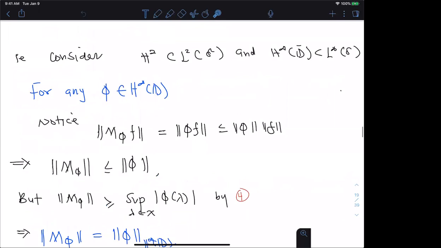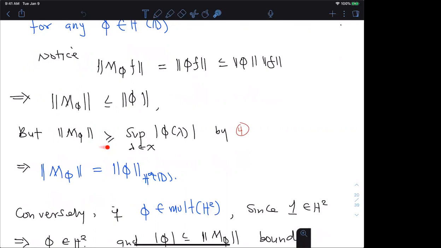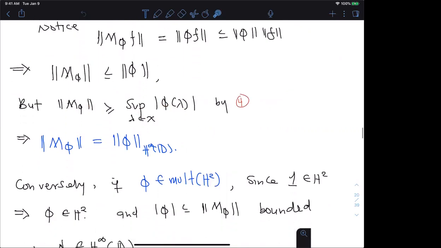It is not so hard to show, because if we consider H2 as a subset of L2 with respect to some reasonable measure and also H infinity as a subspace of L infinity with respect to that measure, then for any bounded holomorphic function on the disk, the norm of the multiplication operator associated with that function is less than or equal to the norm of the multiplier. And from previously, we showed the reverse inequality, that the norm of the multiplication operator is always greater than or equal to the supremum of the absolute value of the multiplier. In that case, they have the same norm.